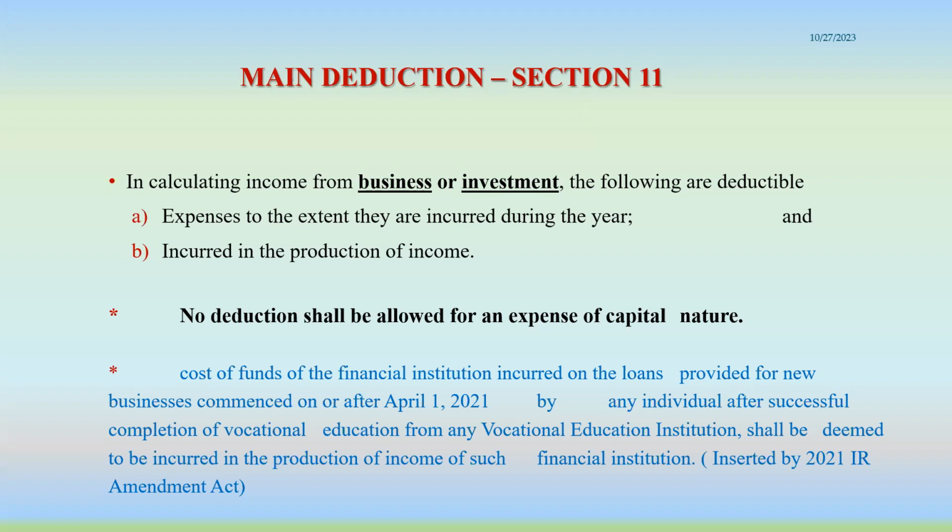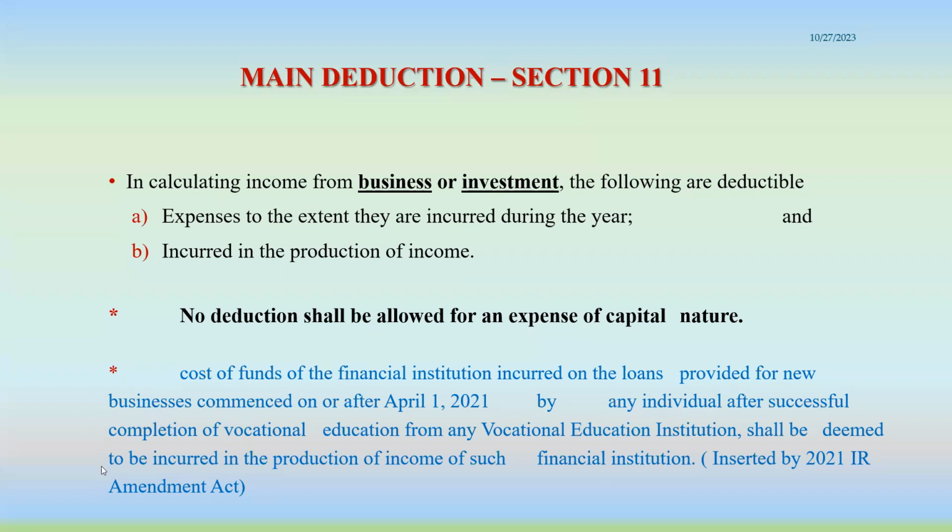That means after completion of the vocational education from any vocational education institution, they can start a new business. For the starting up of that kind of new business, financial institutions can provide loans. So that kind of loans are allowable as a deduction when we are calculating a financial institution's tax liability.